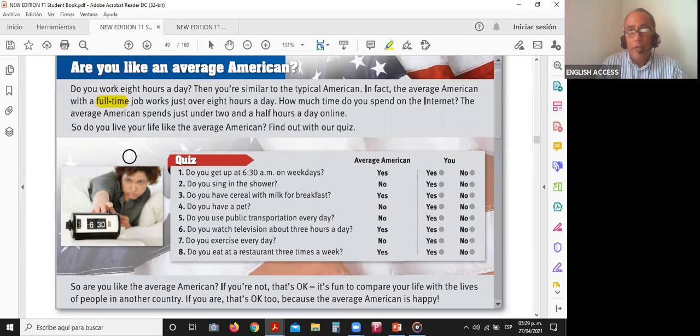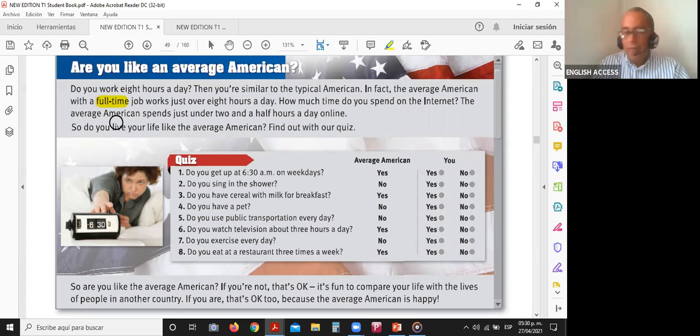Like in McDonald's, I have a friend that works only 4 hours. Full time is 8 hours working. So full time means the complete day working. It's like saying tiempo completo. Part time, only 4 hours, maybe only 1 hour or two or three. Full time, the complete day.